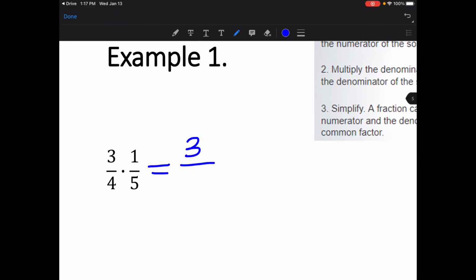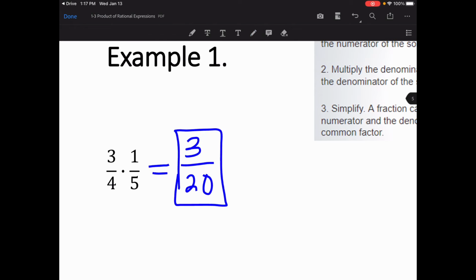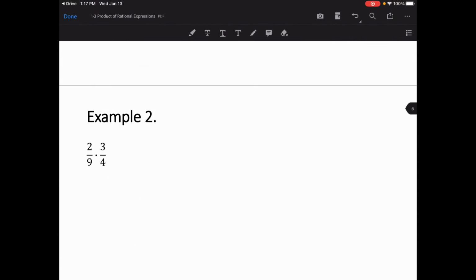And then 4 times 5 is 20. And then, looking at this, can I still reduce this fraction? We cannot, therefore this is my answer. So pretty easy enough. Alright, let's move on to example 2.